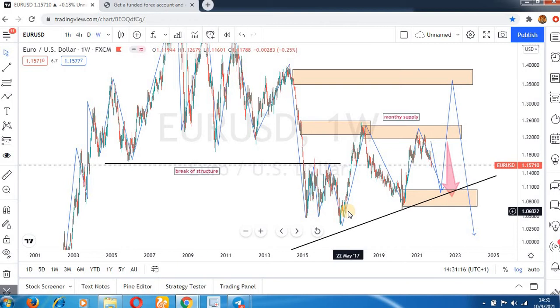Hello? Can you hear me? Yes, I can hear you. How do you now use support and resistance and trend line? That's where retail is trying to enter the trade.